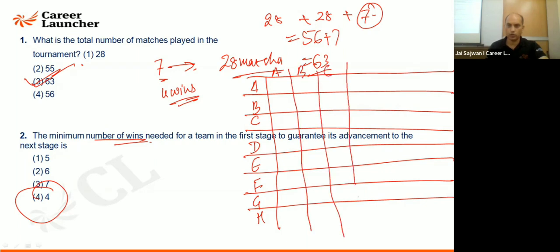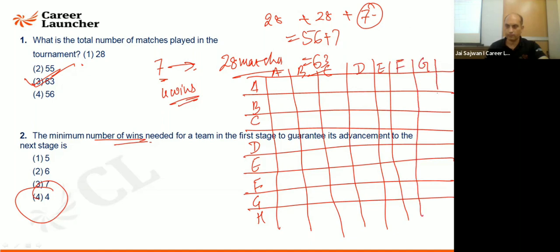I can also tell you through the logic, but I want you to see here. Of course, there is no match between A and A, B and B, and so on. No matches will be played between F and F.